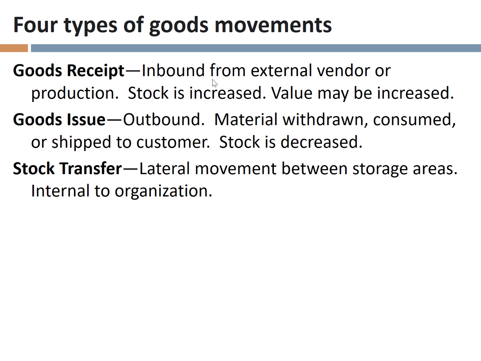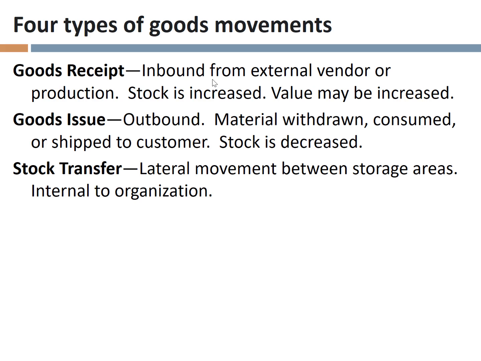Now, a stock transfer is when we have a lateral movement between storage areas internal to an organization. We talked about this as being an item category in the context of a purchase order. So this right here, stock transfer, lateral move between storage areas internal to an organization.